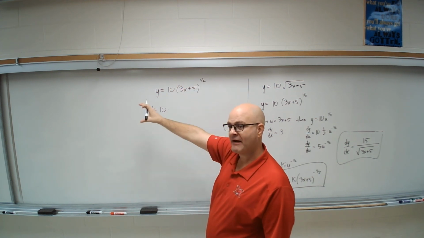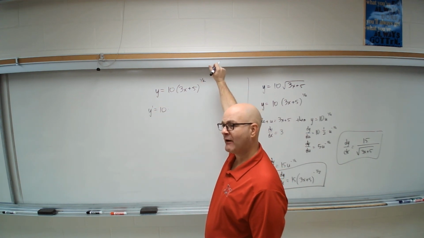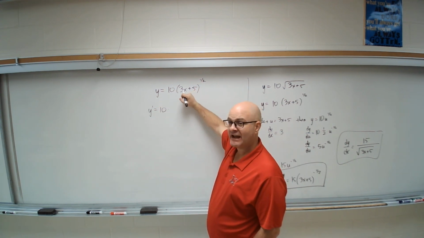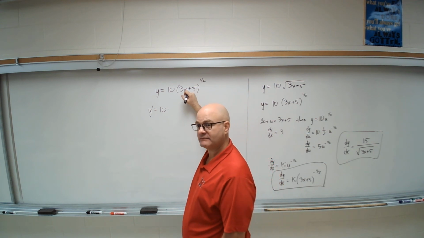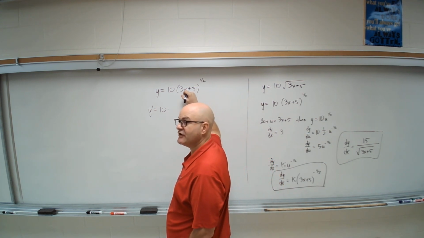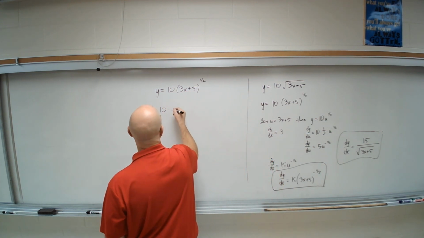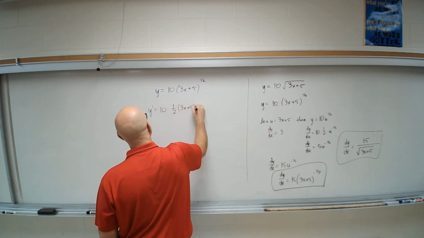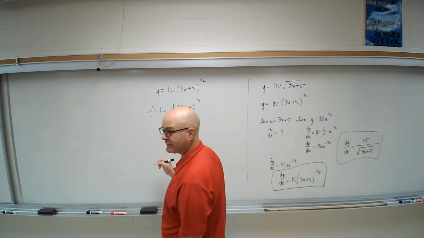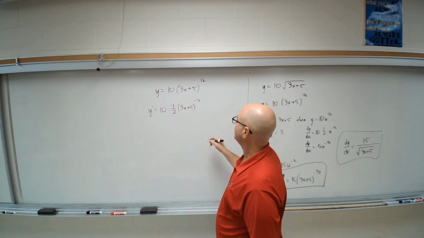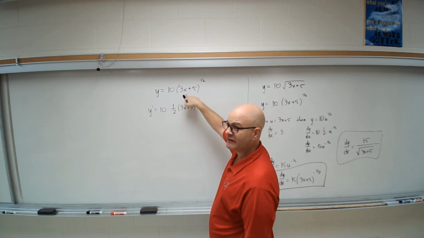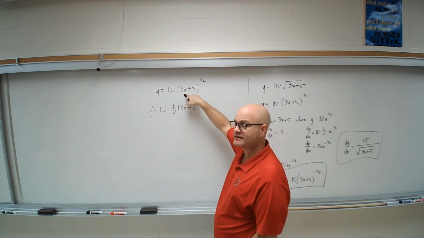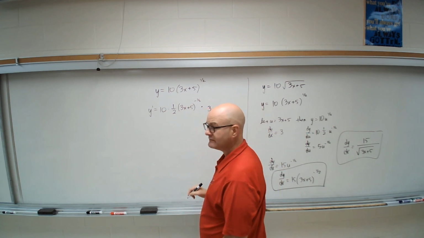So I'm going to pull the 1/2 out in front, drop the power by 1. This will stay exactly the same inside here. It's the u, right? It's what we did over there. So it's going to be 1/2 times (3x plus 5) to the negative 1/2, and then times the derivative of 3x plus 5, which is 3.